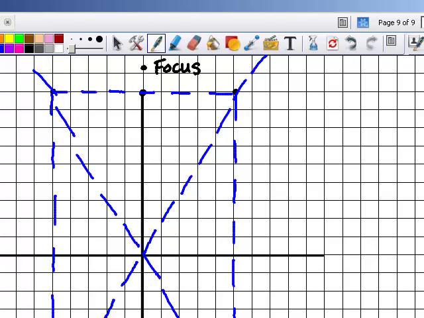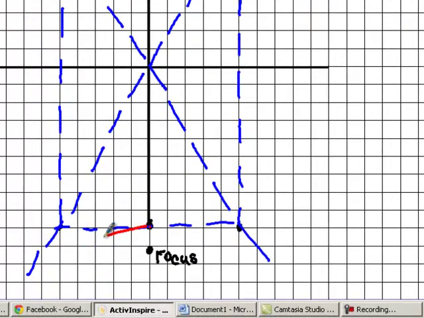And then it's time to draw the graph. So it's going to start here and it's going to go up. It's got to follow those dotted lines. So this graph looks a little bit different.